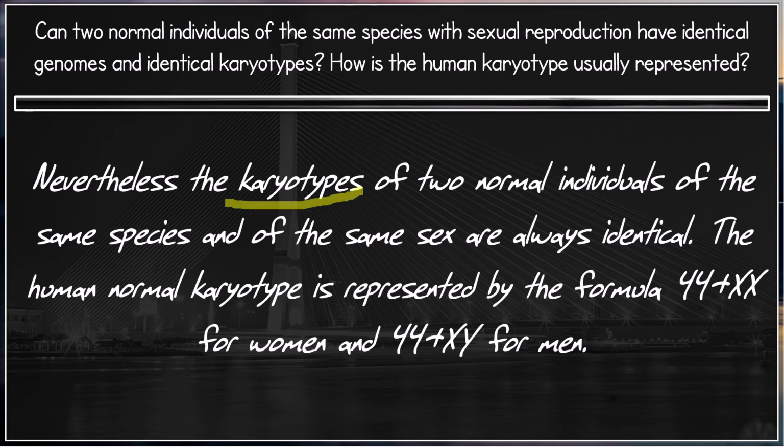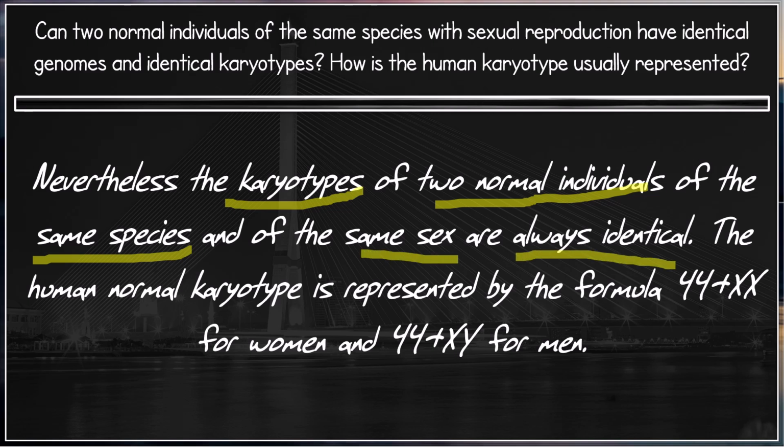Nevertheless, the karyotypes of two normal individuals of the same species and of the same sex are always identical. The human normal karyotype is represented by the formula 44 plus XX for women, and 44 plus XY for men.